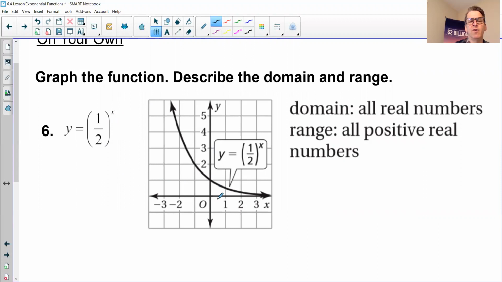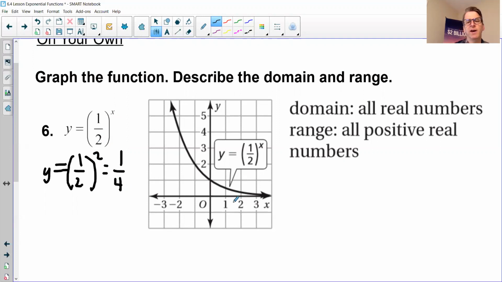Now as you go to the right and get positive values of x, x of 1 would be 1/2, and x of 2 would be 1/2 raised to the second, which is equal to 1/4, because 2 raised to the second is 4.